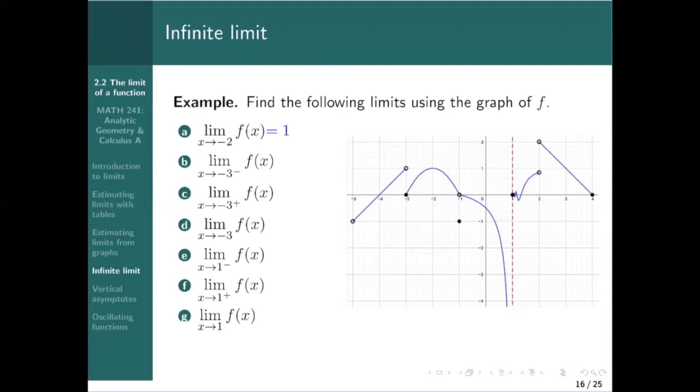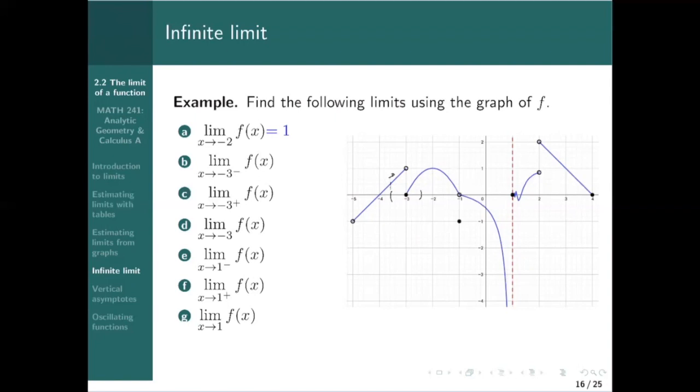In the next two examples, we want to evaluate the limit of f of x as x goes to minus 3, but let's consider first x approaches minus 3 from the left. So we take an open interval containing minus 3, but we are considering only numbers that are less than minus 3.